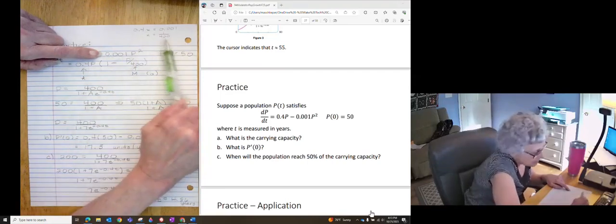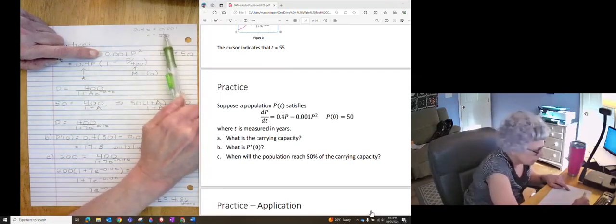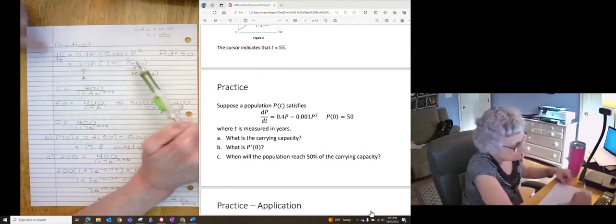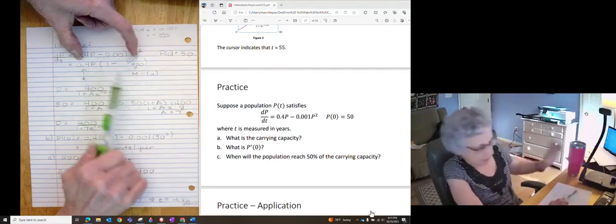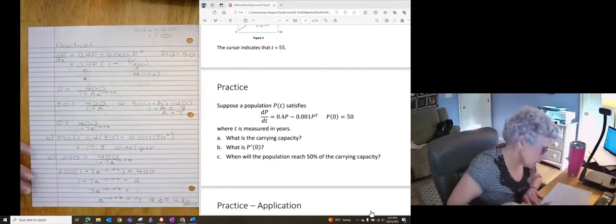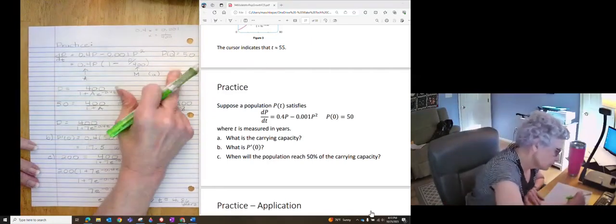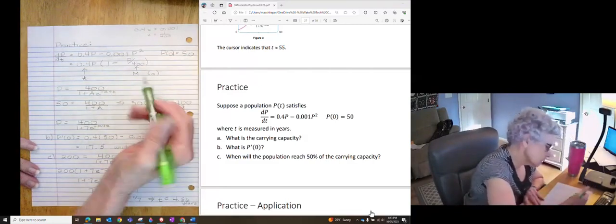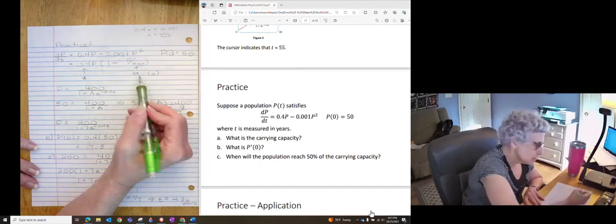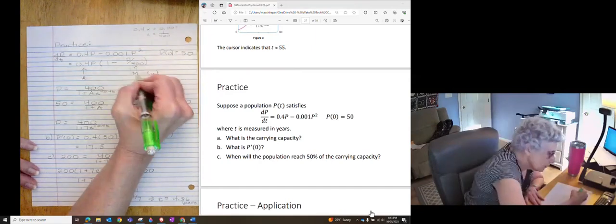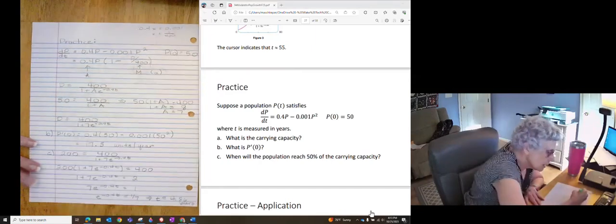So I just did a little equation over here and realized it was 1 over 400. You can figure that out however you need to. Make yourself a little algebra equation, whatever you need to do. Here's the answer to part A. Your carrying capacity is 400.